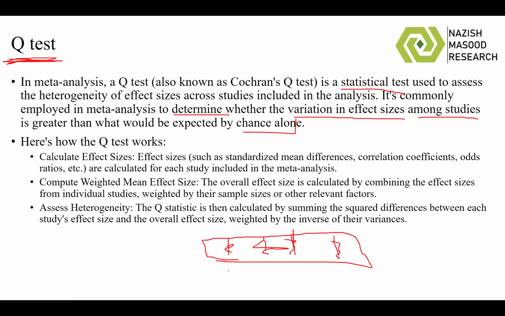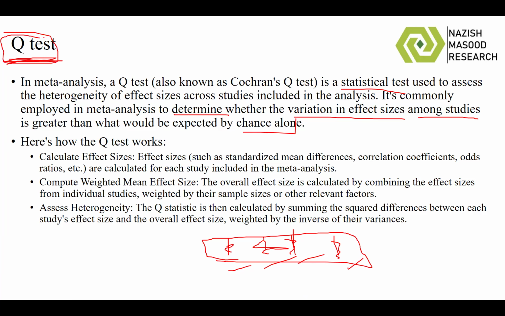Are these studies actually statistically different from one another in terms of effect sizes, or are they different because of chance alone? And in order to assess that, we go through calculation of the Cochrane Q test.